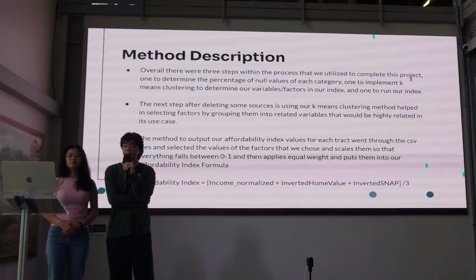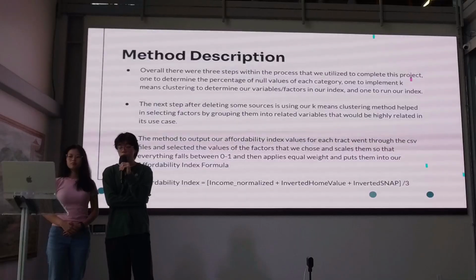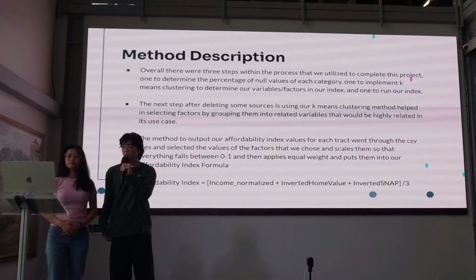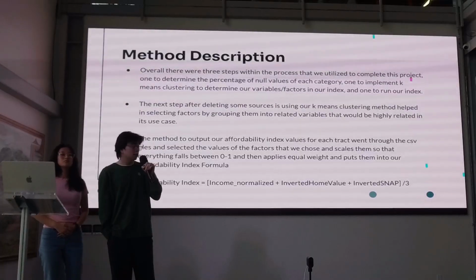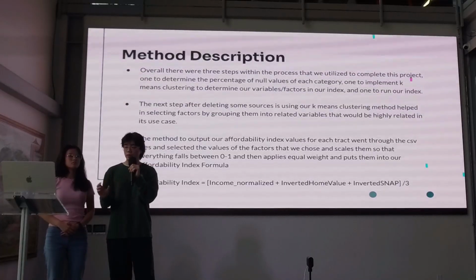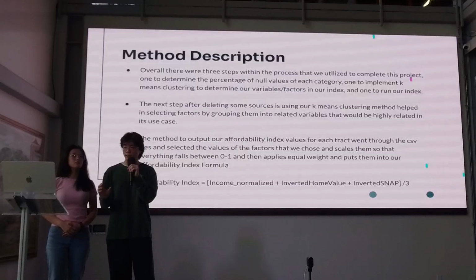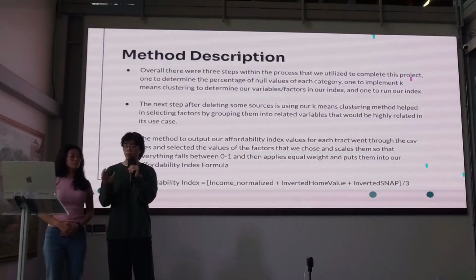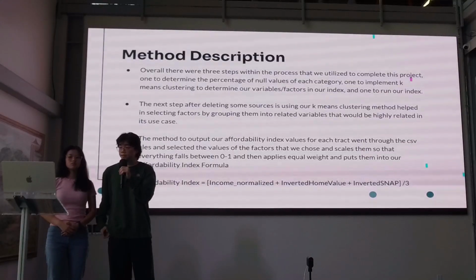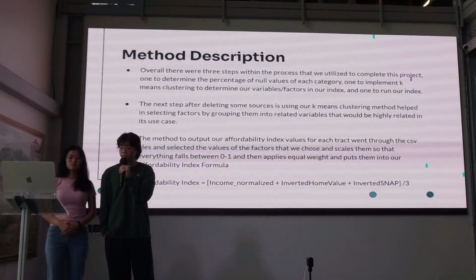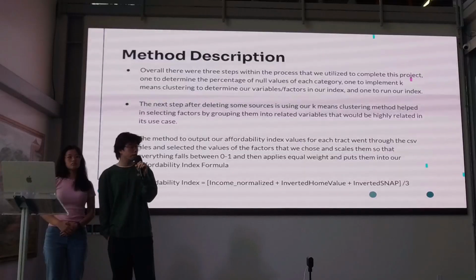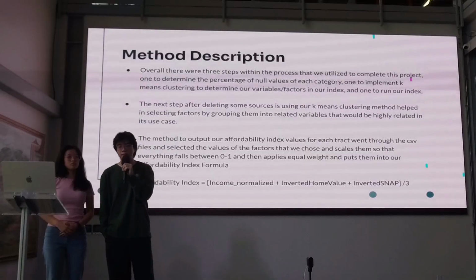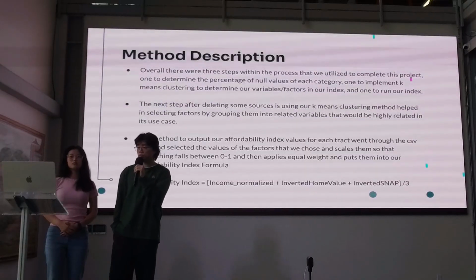The next step would be determining which sources to use through a k-means clustering method. That would really mean grouping the sources by how they impact affordability and how they are related to each other. And with that, we found our 3. Then the next step would be to output affordability index values of each census tract to a CSV file, which would be able to be used.